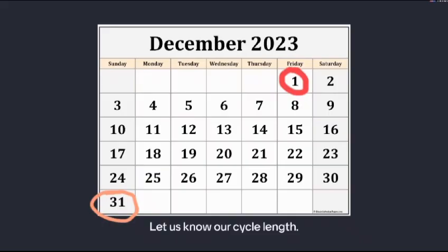First and foremost, we understand what the cycle length is. Your menstrual cycle length, we understand it is 31 days, 21 days, 35 days. We understand that, right? Okay, yes to that.